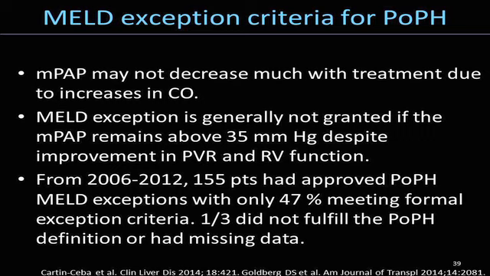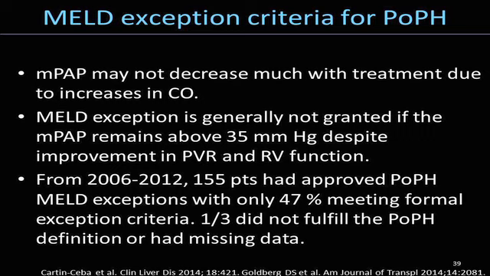In Coward et al., they studied patients from 2006 to 2012, all the ones that received MELD exception points due to porto-pulmonary hypertension. And incredibly, 1/3 of them did not fulfill the porto-pulmonary hypertension definition. So 1/3 of them don't even have porto-pulmonary hypertension, and they end up getting MELD exception points.